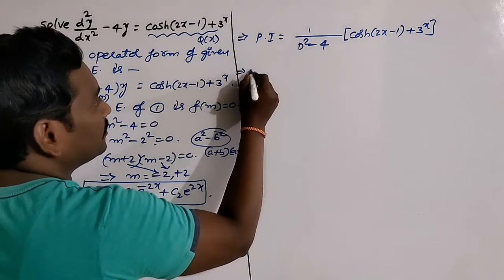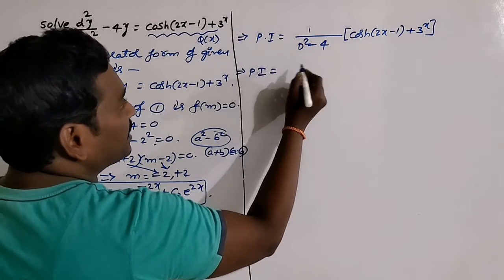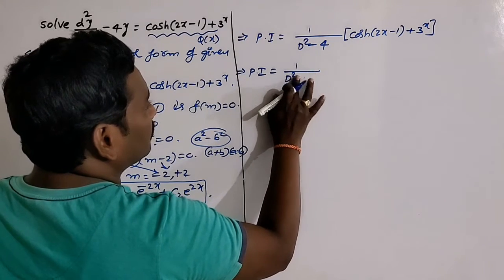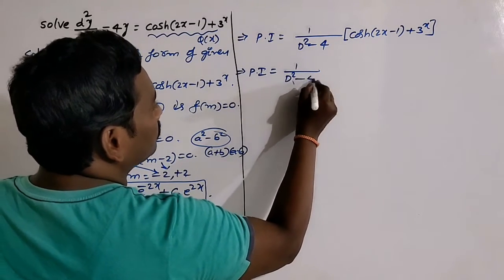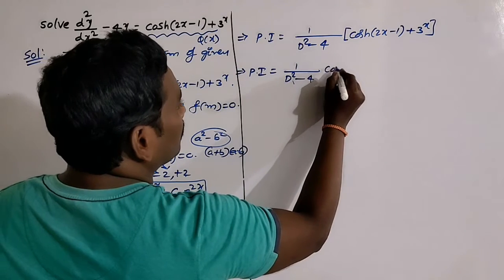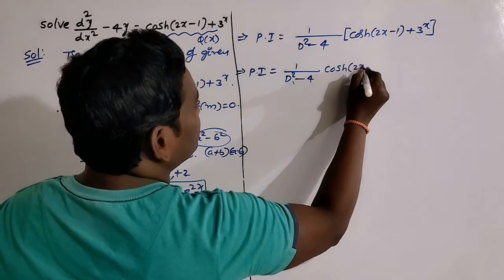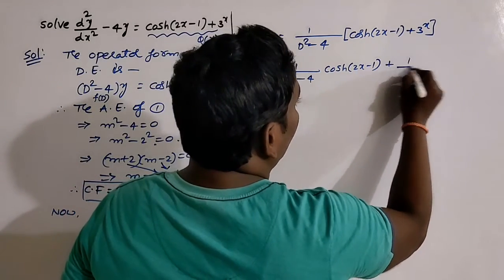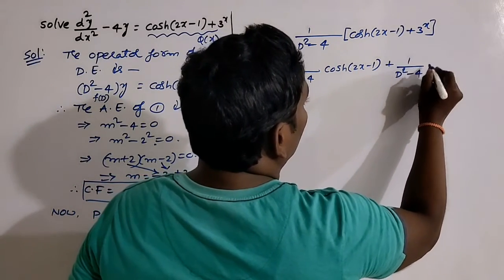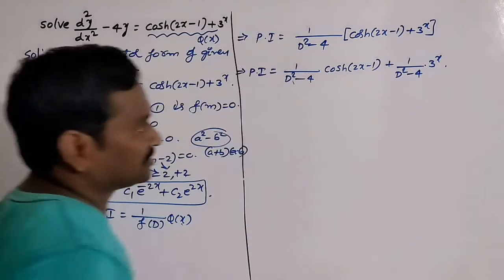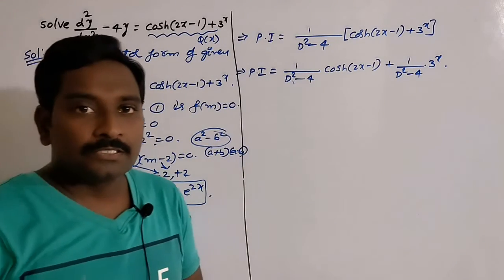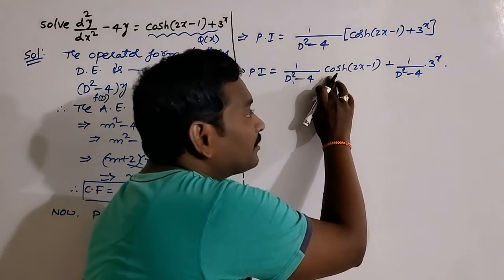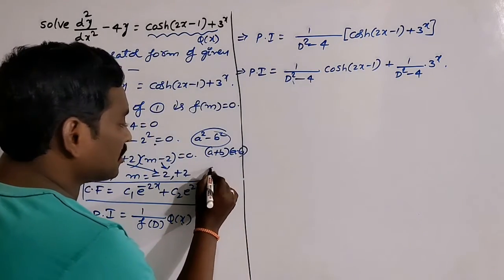That implies PI is equal to, separating the parts, 1 by d square minus 4 of cos h of 2x minus 1. Here we have a hyperbolic function. Plus 1 by d square minus 4 into 3 power x. Here we have to write the definition of the hyperbolic function. So what is cos hx?